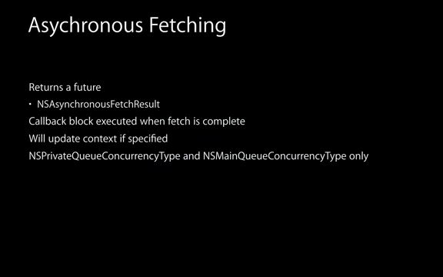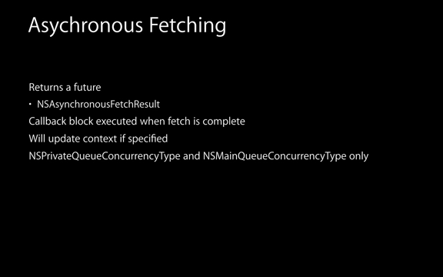Well, asynchronous fetching is a little bit different. It returns a future, which is returned immediately from execute request. There's no waiting. The request specifies a callback block that will be invoked whenever the fetch finishes executing. If the fetch specifies, this is an NSFetchRequest, we'll go into more detail in a couple slides, that the context should be updated as a result of the fetch, that will happen.